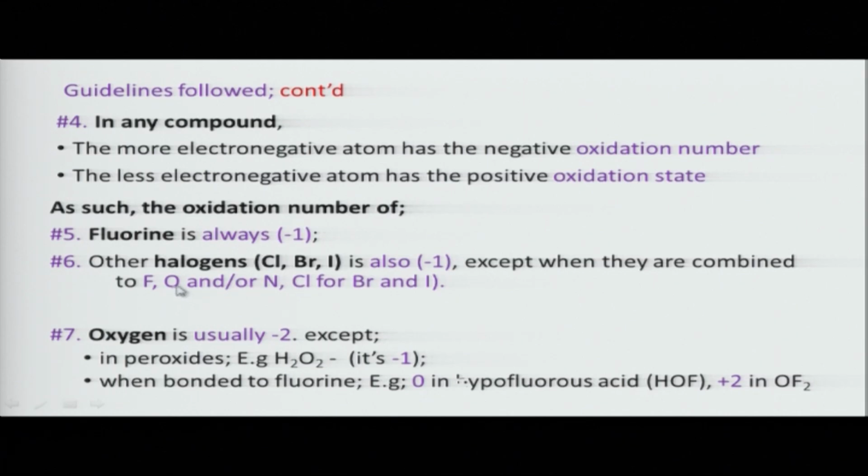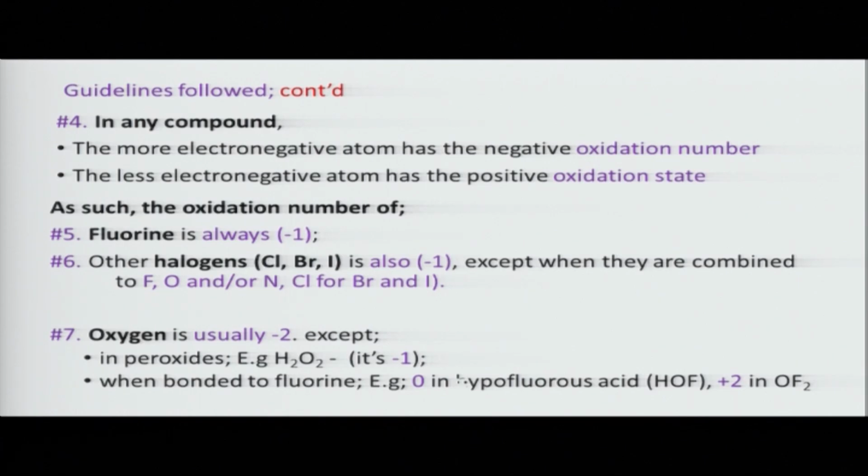We have oxygen, nitrogen, fluorine. That's why I brought in chlorine in this case. Chlorine being more electronegative compared to bromine and iodine, when it is bonded to iodine or bromine, chlorine attains a negative oxidation state. These two attain a positive oxidation state. Simple, apply the electronegativity, which you already covered.